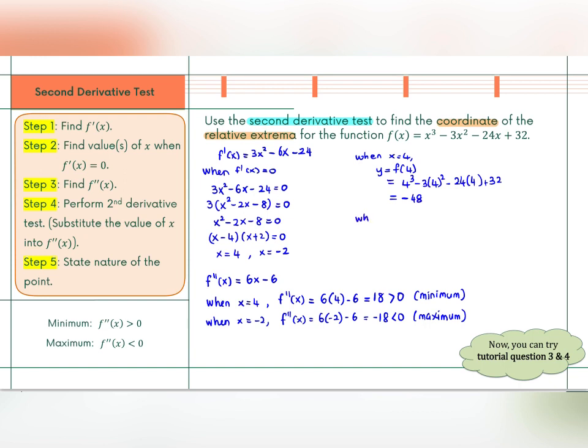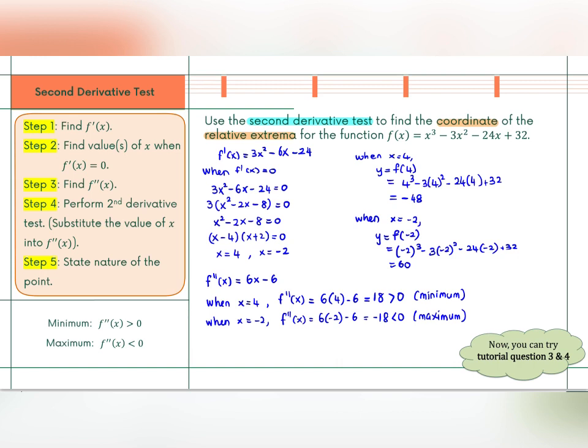And then when our x is equals to negative 2, our y is equals to f of negative 2. So, sekali lagi kita tulis dia punya steps. So, negative 2 cube minus 3 of negative 2 squared minus 24 of negative 2 plus 32. And here kita dapat 60.